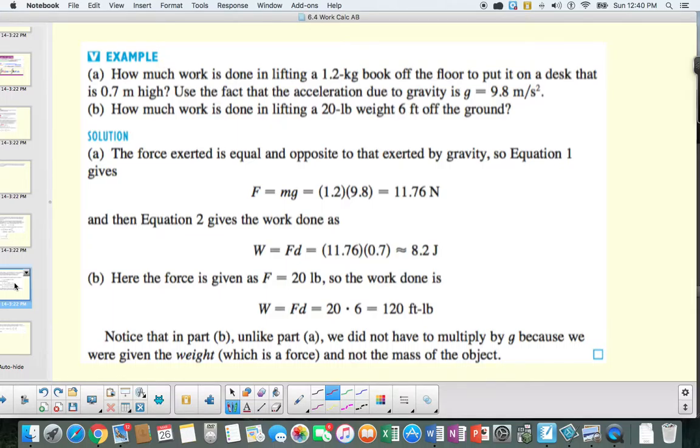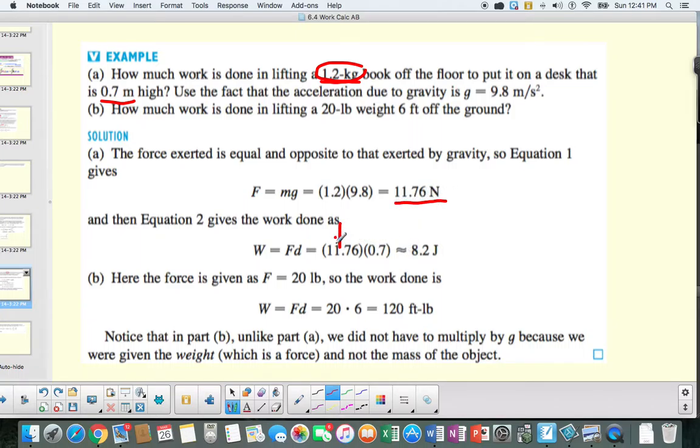Now let's talk about work in a non-calculus physics course. We want to figure out how much work it takes to lift this amount of mass this many meters. If this is mass, remember we have to convert it into force by multiplying by gravity, and then we have our force in newtons.